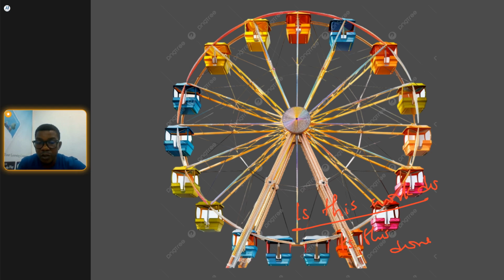Do we have any response? Is this Ferris wheel performing work done also? I want your response, either yes or no. Please give me your response.